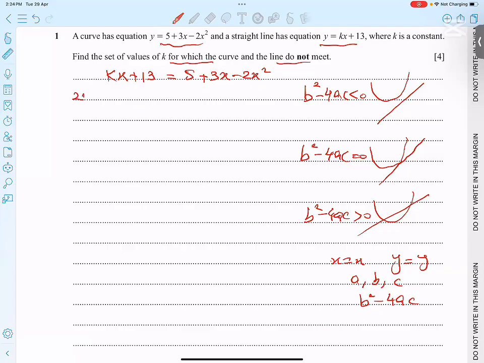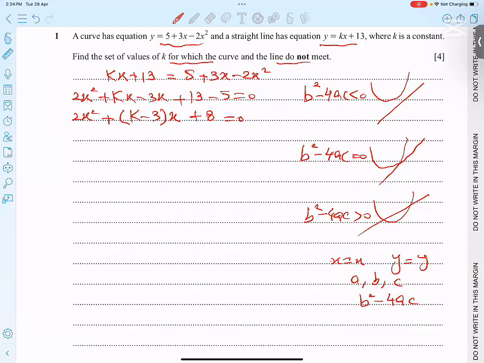I get 2x to power 2 plus kx, and negative 3x, plus 13 minus 5 equals 0. Now I have only one x squared term, no problem. But for the two x terms, I will take x common out, and I get this kind of form, plus 8 equals 0.